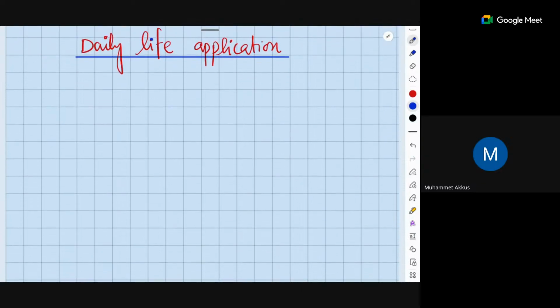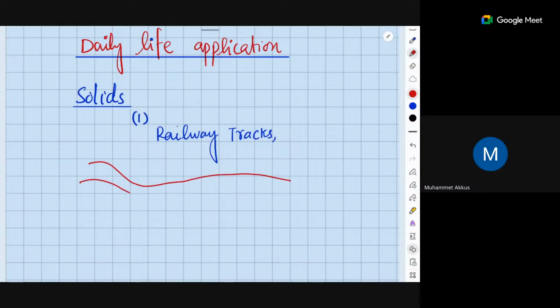Application areas are, for example, in thermal expansion, there are so many examples of solids' thermal expansion in your daily life. For example, one of them is the railway tracks. Okay, we have these applications of solids in our day. Yani, you know, we place some gaps between the railway tracks. For example, this is a railway track.